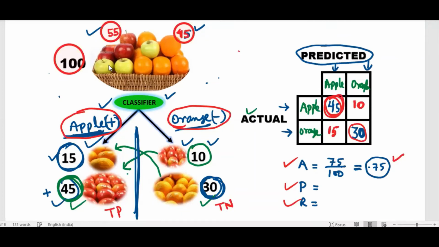The only thing you need to remember is, I'll write 45 here as well, because we are finding precision and recall only for apple, the positives. For negatives, if you want, you can find it separately in a similar way. We are not finding it here. The only thing you need to decide is the second one. Remember row and column. You have to use 10 and 15. Here you have to write 10 or here you have to write 10. That is the only thing you need to remember here.